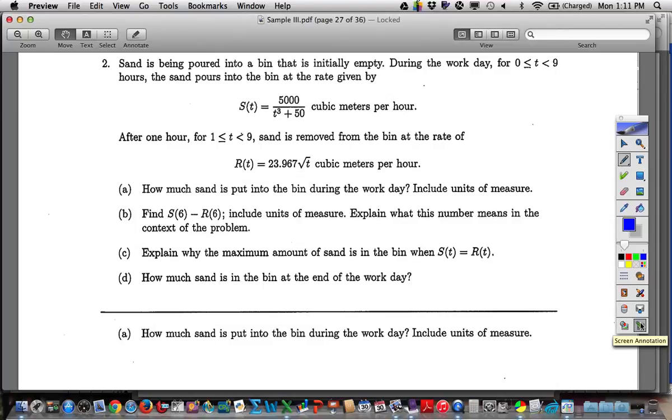It could be the rate that something's cooling. We've seen that. There was one a few years ago with people waiting in line at a concert, and then they opened the doors. And so before the doors opened, the number of people in line was growing by a certain amount per hour. It was the rate. Then once they opened the doors, now you still had people coming to get in line, but now people were going in too, right? So they wanted to know how many people were in line at a certain time.